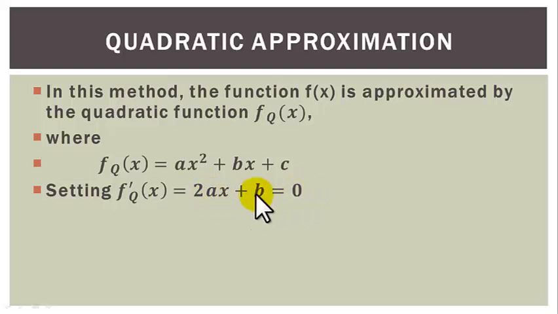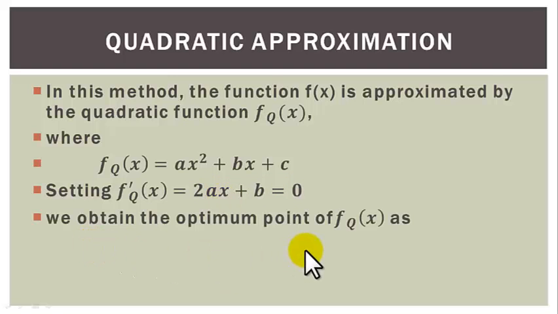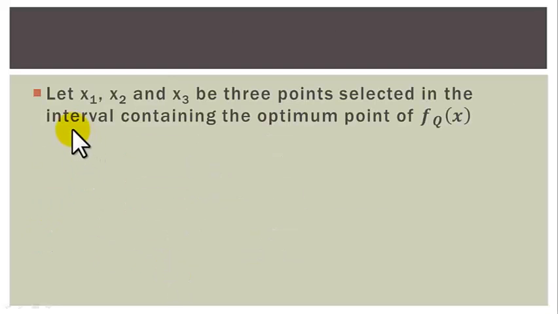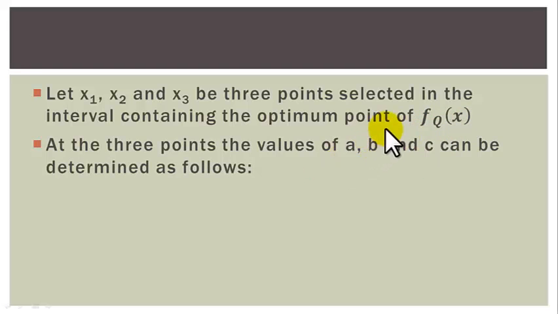Now, solving this equation for x, we obtain the optimum point of fq of x to be x star equal to minus b all over 2a. Now, let us select 3 points, x1, x2, and x3, in the interval containing the optimum point of fq of x. At the 3 points, the values of a, b, and c can be determined as follows.